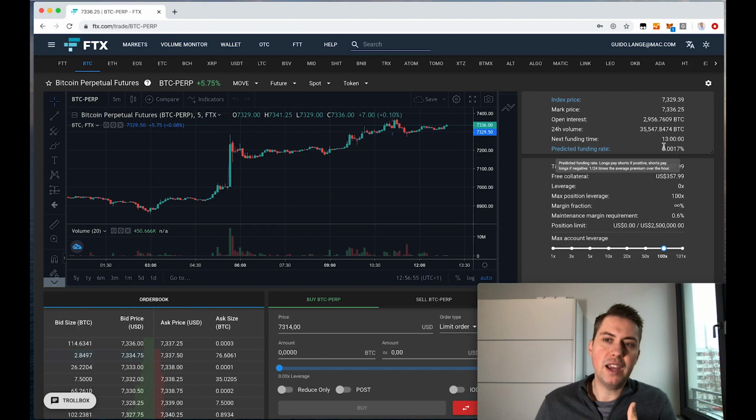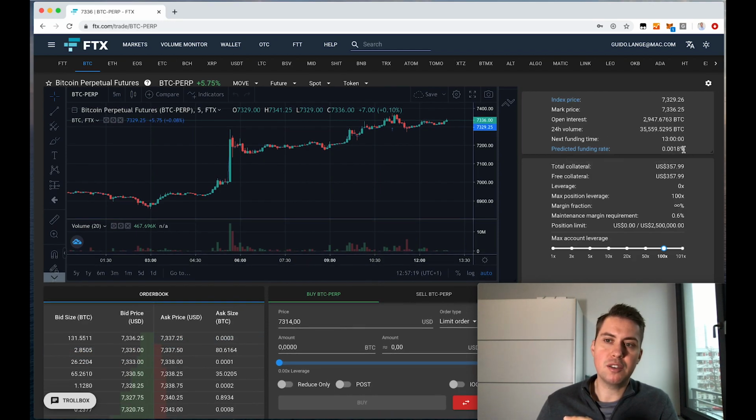And here you have to pay 0.0017% every 8 hours, and that changes with every funding. And if you would go short here, you would receive that amount with the next funding.